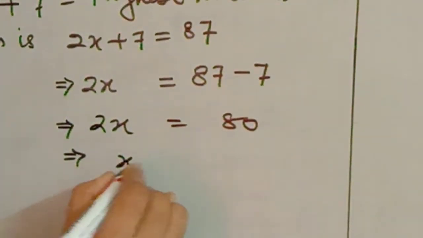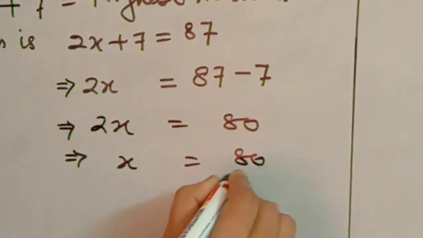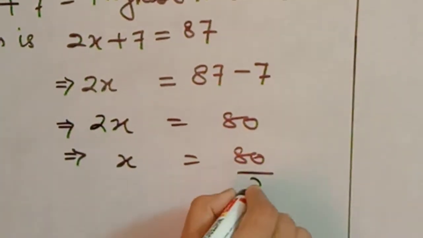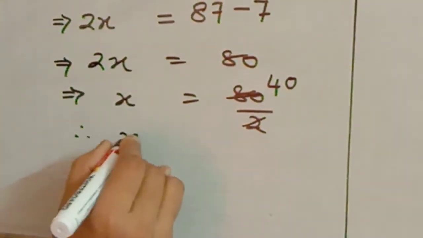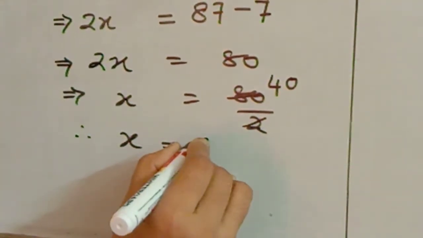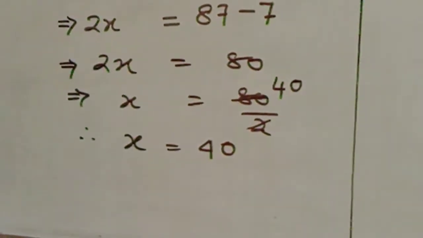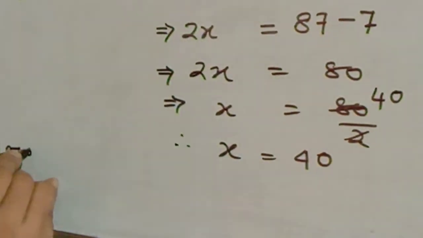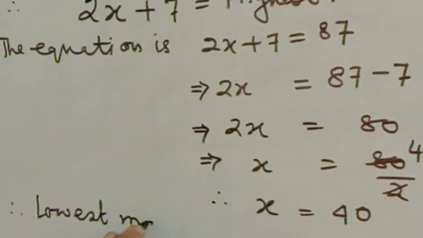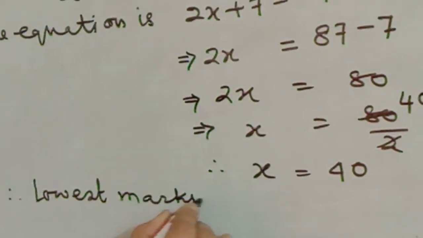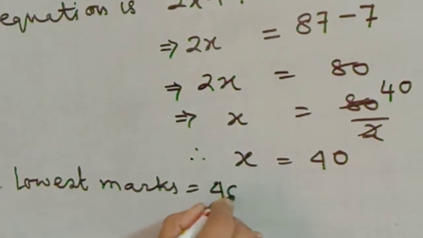Therefore x is equal to 80 by 2, equal to 40. So the lowest marks of the class is 40.